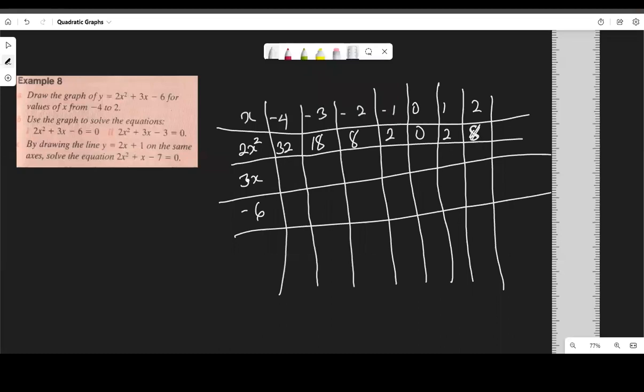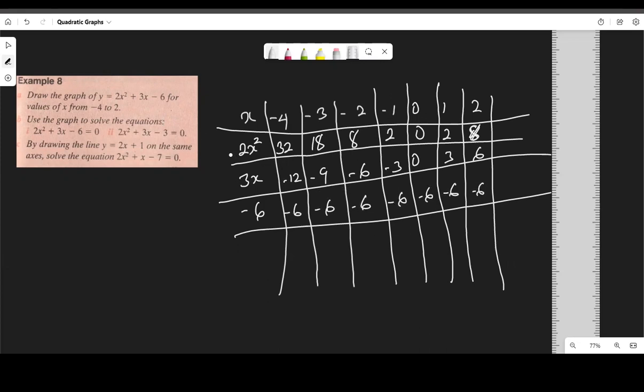Then 3 times negative 4 is negative 12. 3 times negative 3 is negative 9. 3 times negative 2 is negative 6. 3 times negative 1 is negative 3. 0, 3, and 6. This is constant, negative 6 all through.